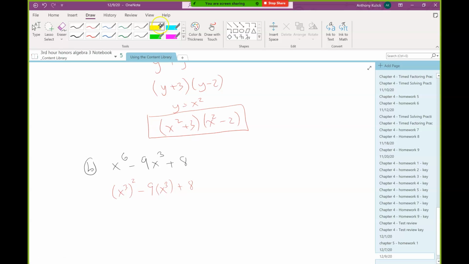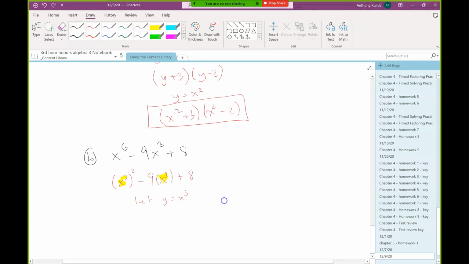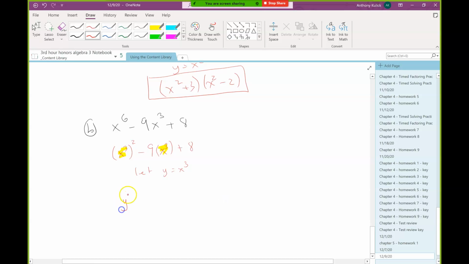Right? And again, what I'm looking for here is that after I rewrite the first thing as something squared, it matches the variable in the other one, right? The exponents have to match like that. So we'll make our substitution. That y is going to be x cubed.